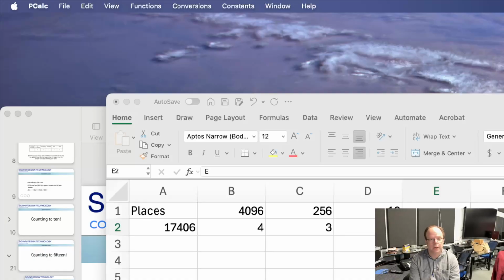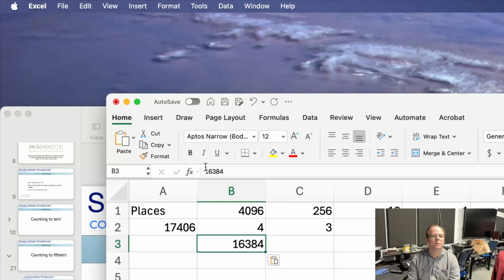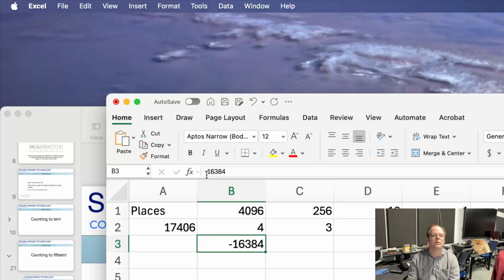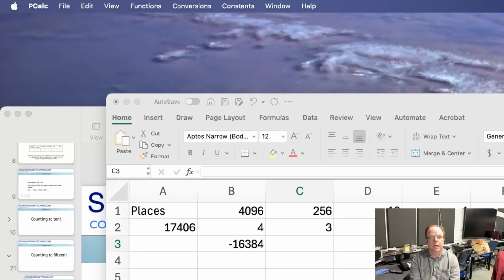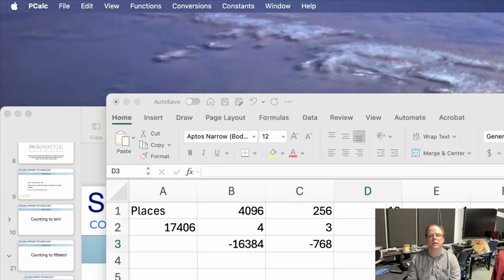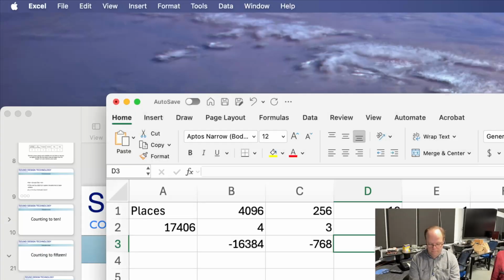So 4 times 4,096 was 16,384. Just keep track of that. And then 3 times 256 is 768. And 15 times 16 is 240. Which leaves us with 14.